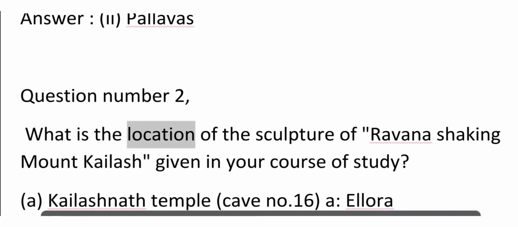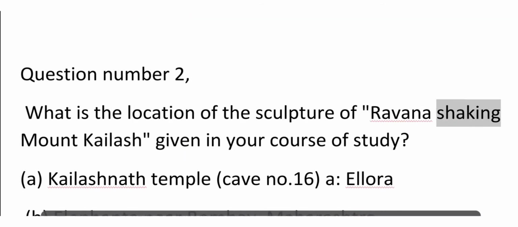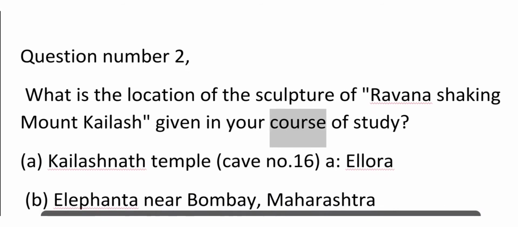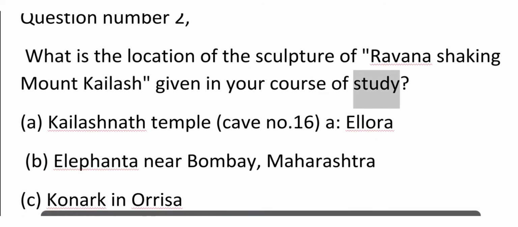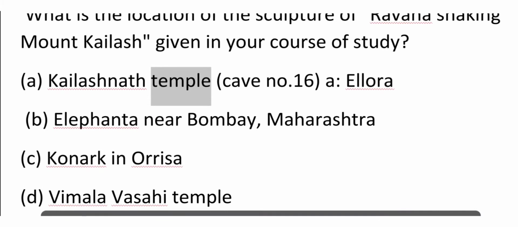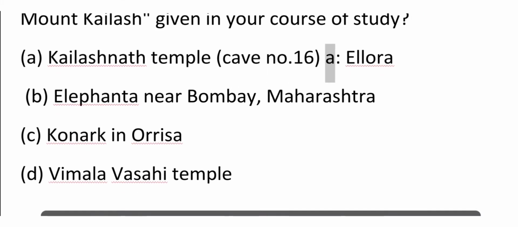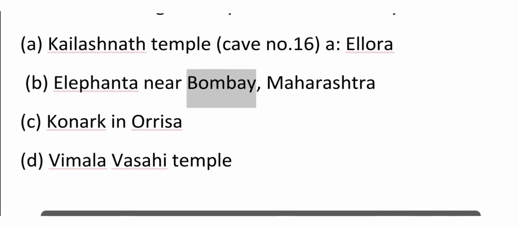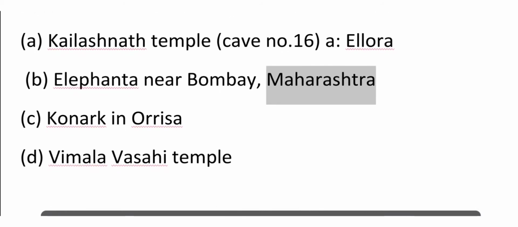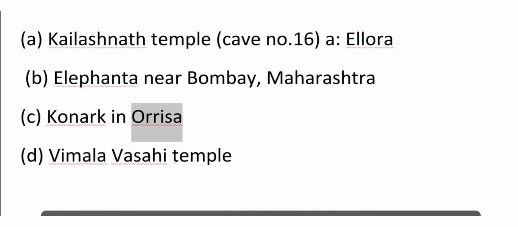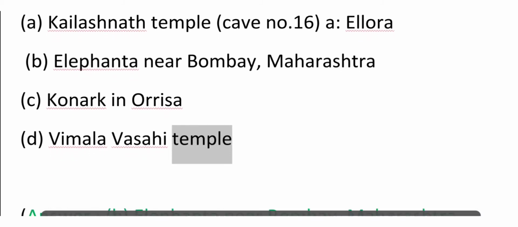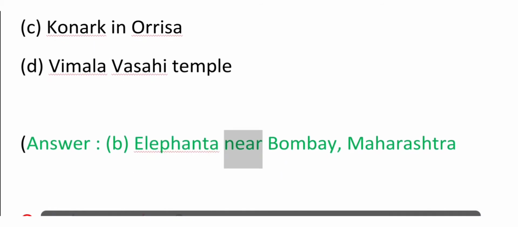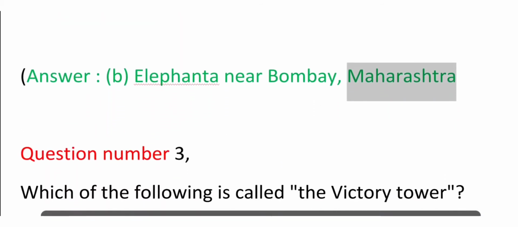What is the location of the sculpture of Ravana shaking Mount Kailash given in your course of study? A. Kailashnath Temple, Cave number 16, Ellora. B. Elephanta near Bombay, Maharashtra. C. Konark in Orissa. D. Vimalavasi Temple. Answer B. Elephanta near Bombay, Maharashtra.